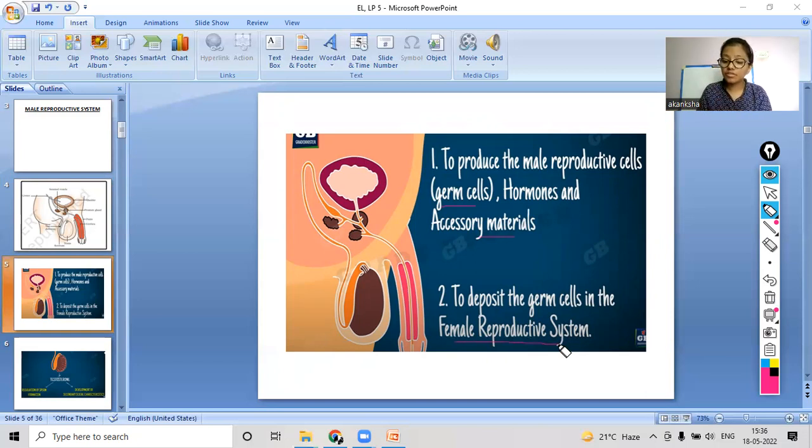The second main important function in the process of reproduction is that it deposits the germ cells, the sperms, in the female reproductive system. Only then will reproduction happen. So these were the two main functions of the male reproductive system.